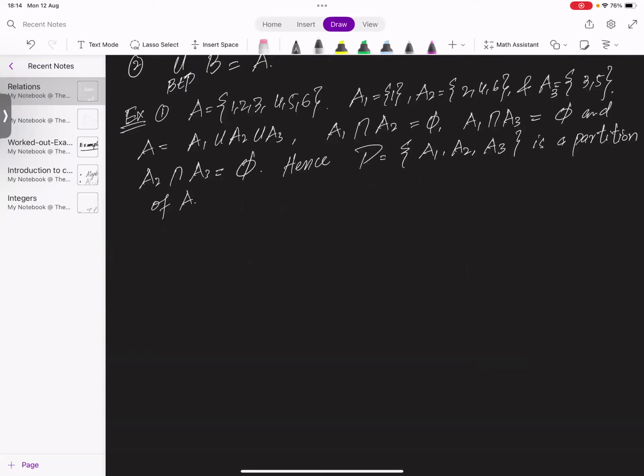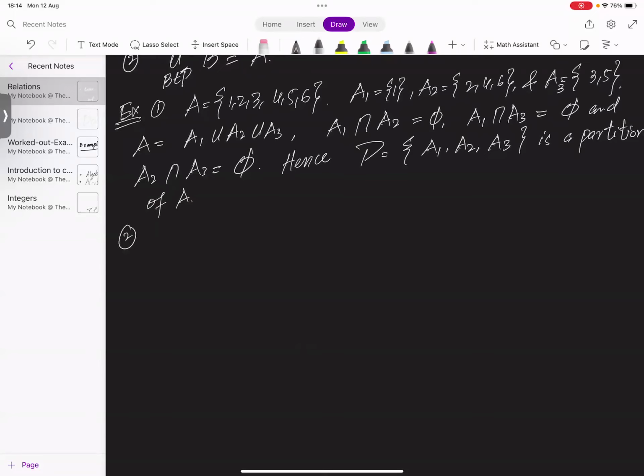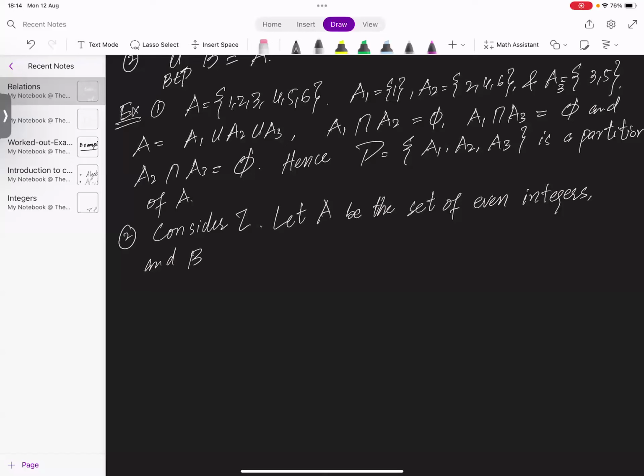You can also define a topological space for a set with some other condition, maybe. So, number two example: we have a set of integers, and let A be the set of all even integers, and B be the set of all odd integers.